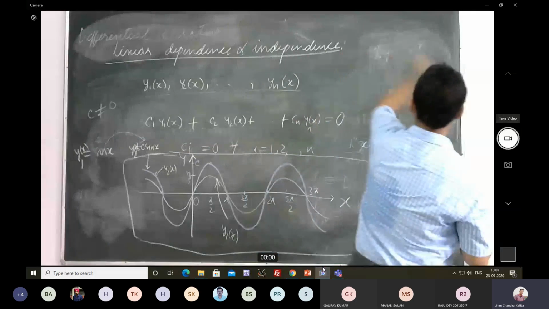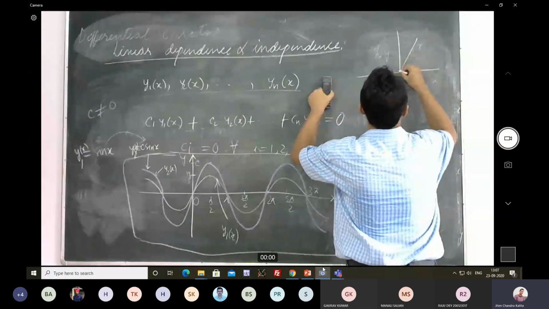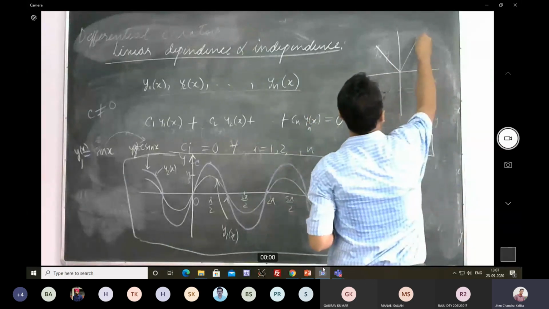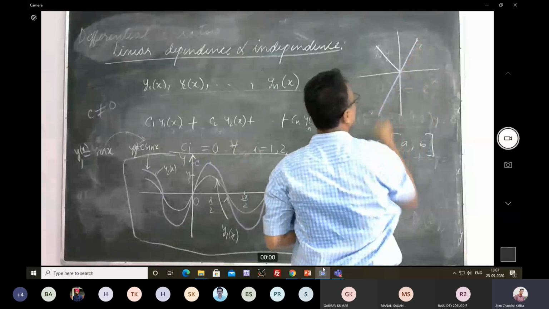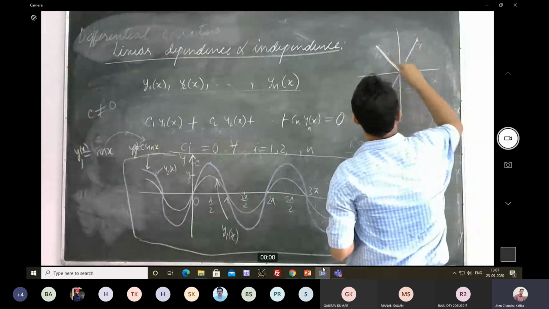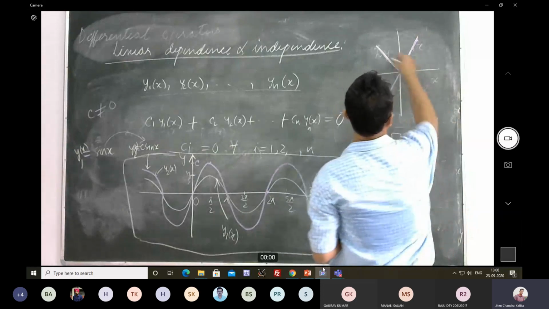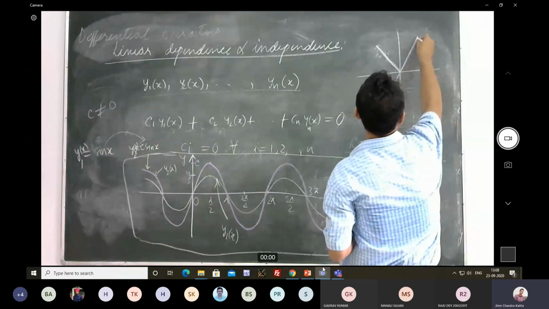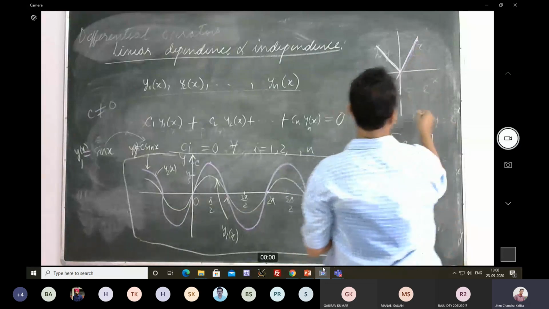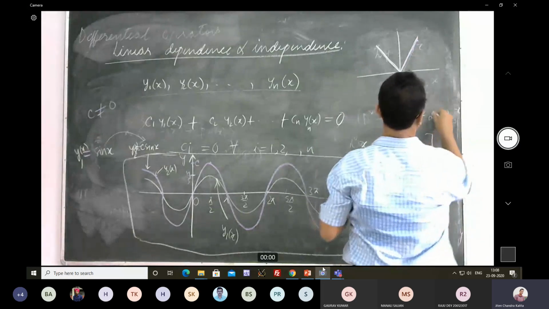Say my situation was something like this. I had something like this, and then I had something like this. So this was mod x, and this one was y equal to x, and it was considered in the whole interval negative infinity to infinity.